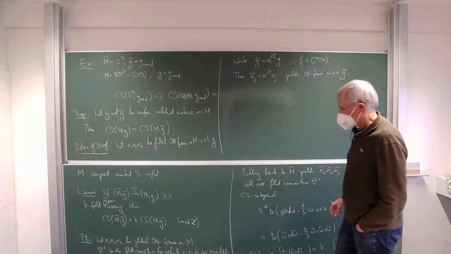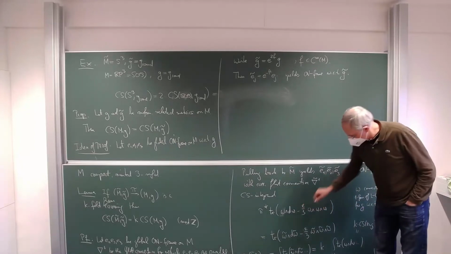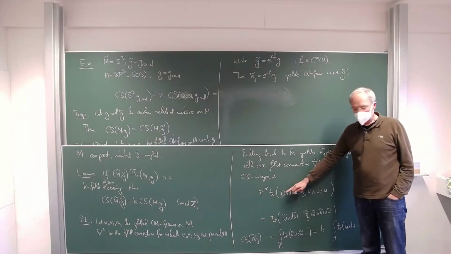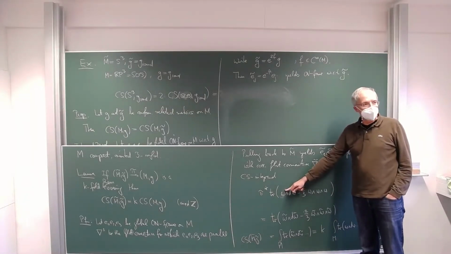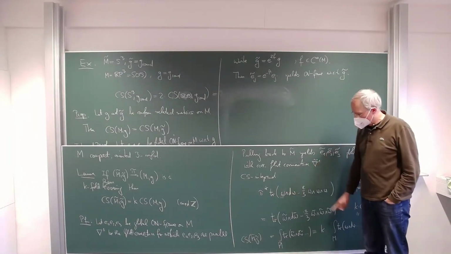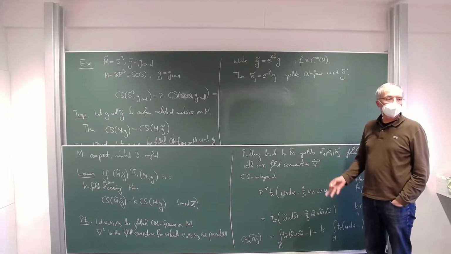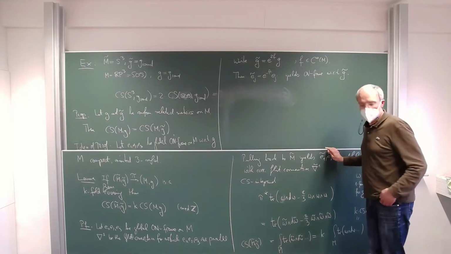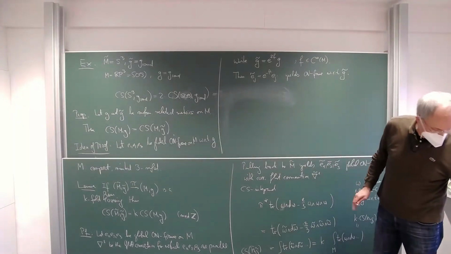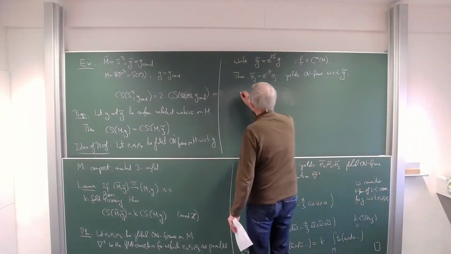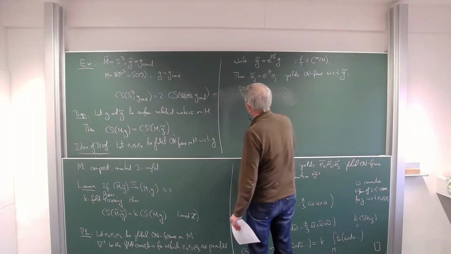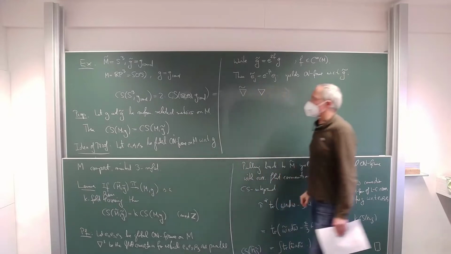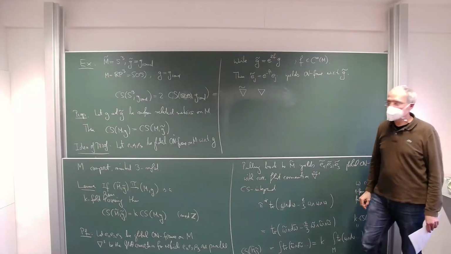Now we need to control this integrand, where the connection form of the Levi-Civita connection enters. So we have to compare the two different Levi-Civita connections. This can be written down: the Levi-Civita connection for G tilde I denote by nabla tilde, and the one for G I just denote by nabla.